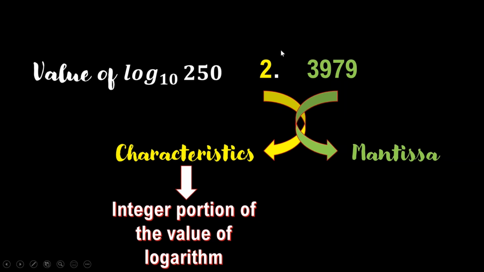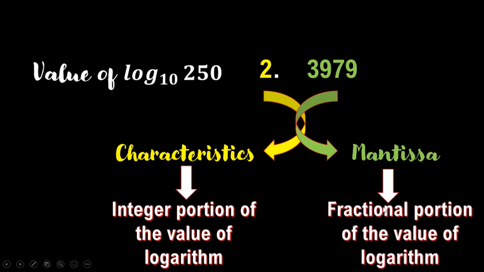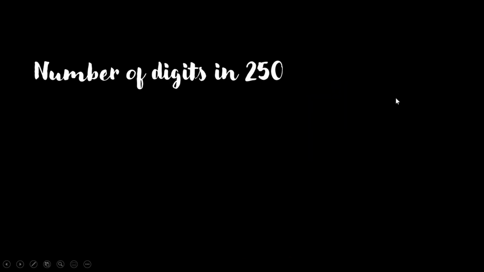Here we get the value 2.3979, so 2 is the integer portion and we call it the characteristic. Similarly, the mantissa is the fractional or decimal portion of the value of the logarithm.